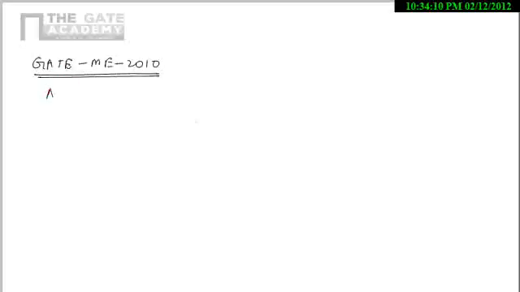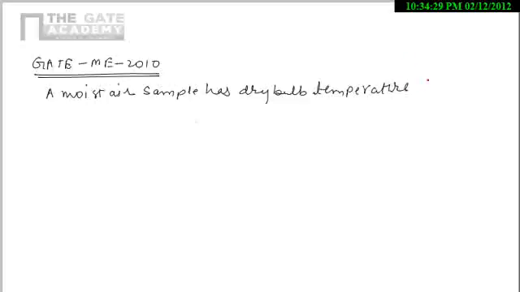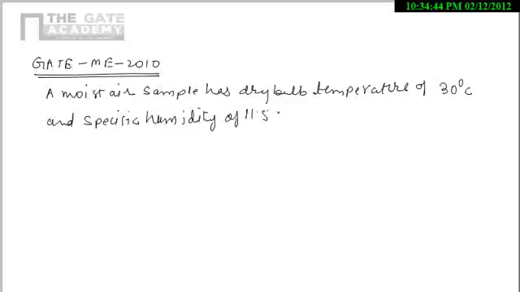A moisture sample has a wet-bulb temperature of 30 degrees centigrade and a specific humidity of 11.5 gram water vapor per kilogram of dry air.